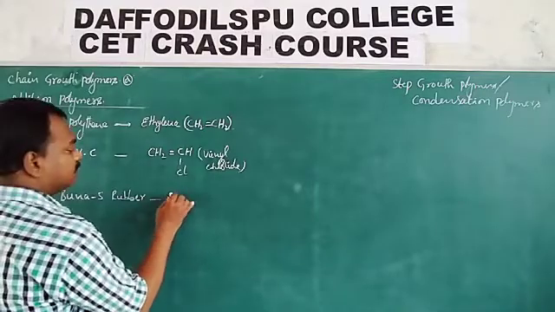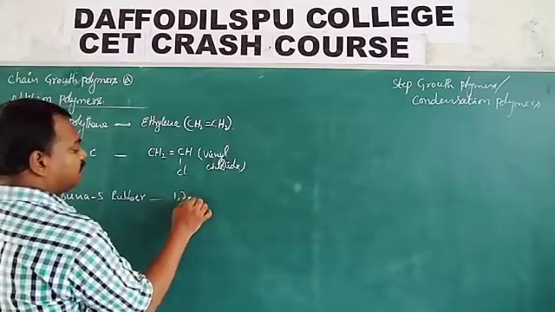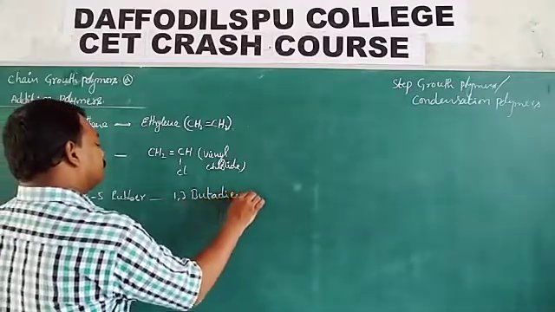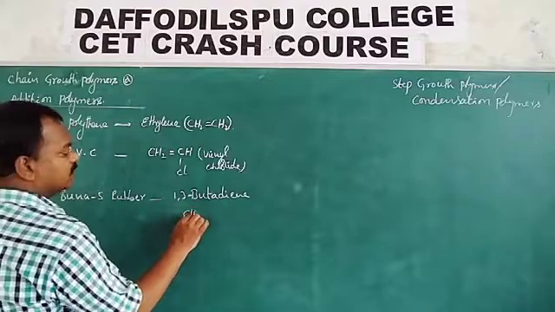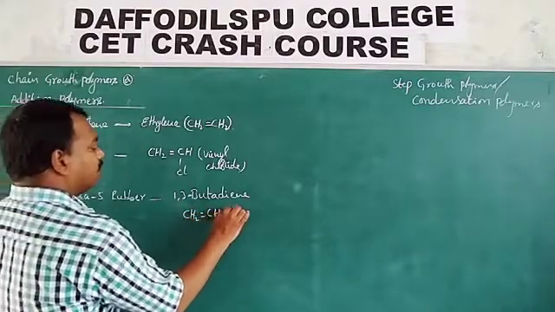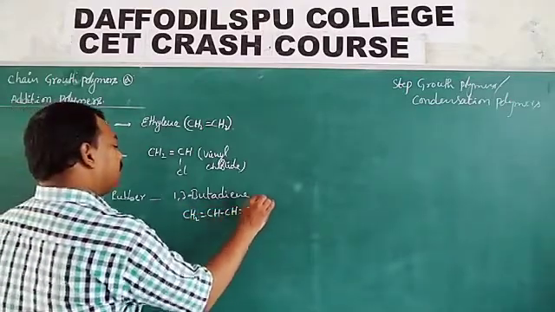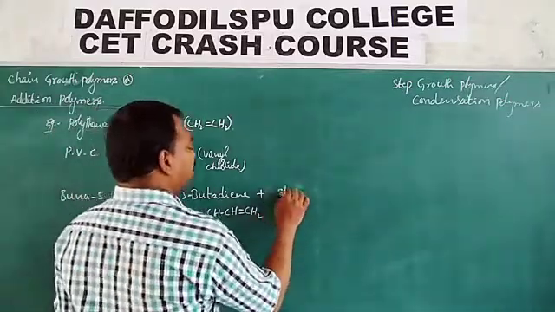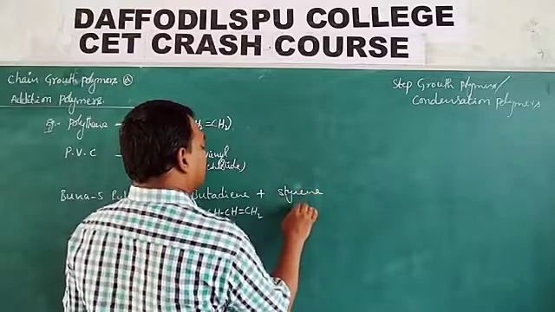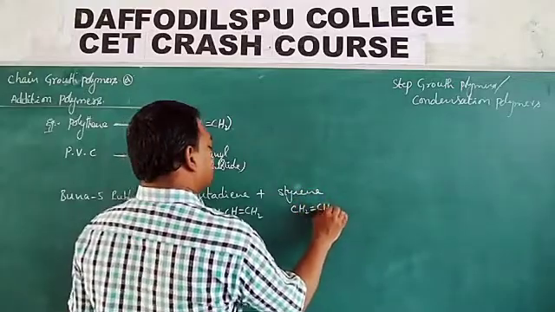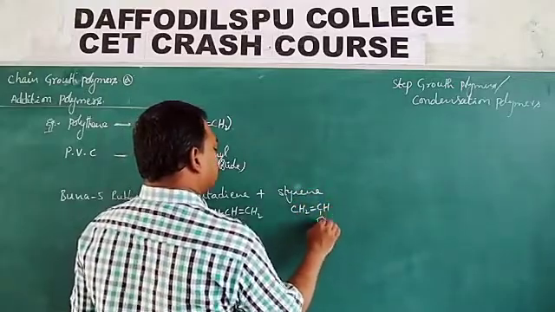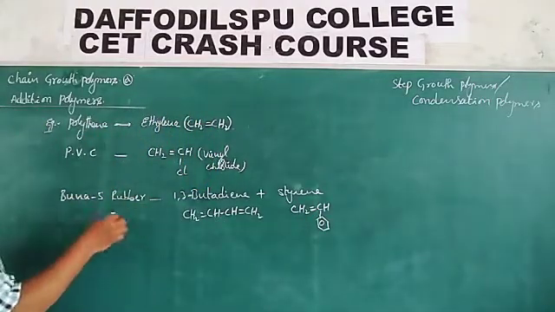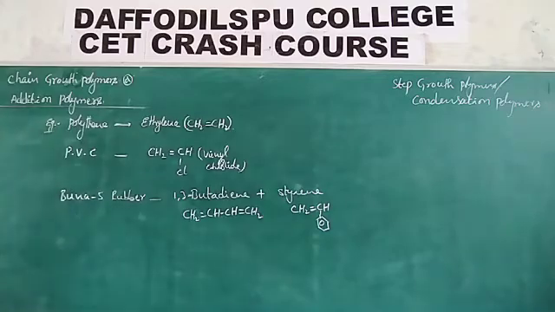One is 1,3 butadiene, and another monomeric unit is styrene. This is styrene. With those two things, we will get the Buna-S rubber.